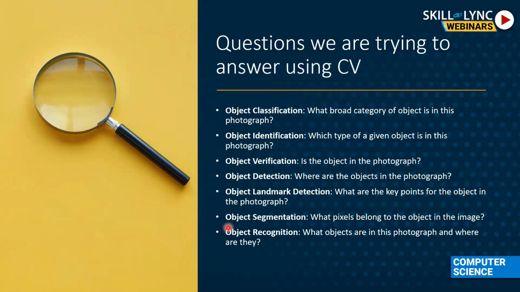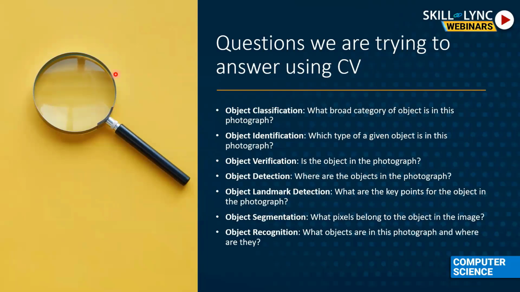We can also do some object segmentation, and we can answer which pixels belong to which object in the image. For example, when we are doing object detection, we see that in this magnifying glass, these pixels, I hope you can see my pointer, I'm moving my pointer to point the circle of the magnifying glass.